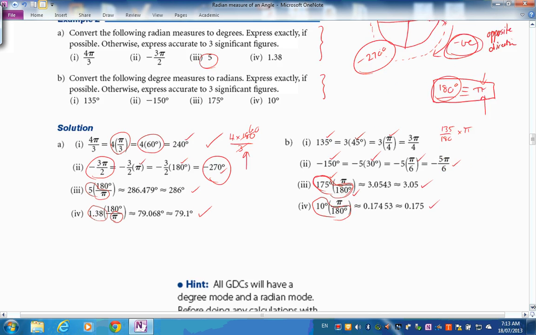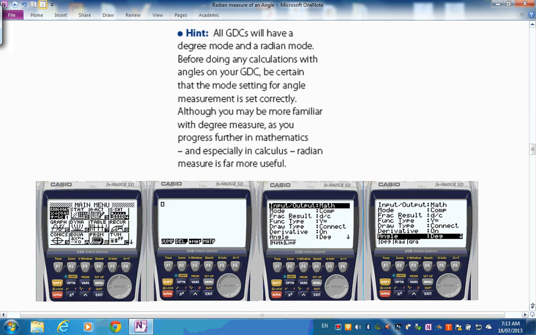All right, let's come down and have a look at the calculator. All graphics display calculators will have a degree mode and a radian mode, and this is very important. Most of your work this year in this course, and next year particularly, will be in radians. So please make sure, particularly if you lend your calculator to somebody else, that the mode for the angle is in radians.